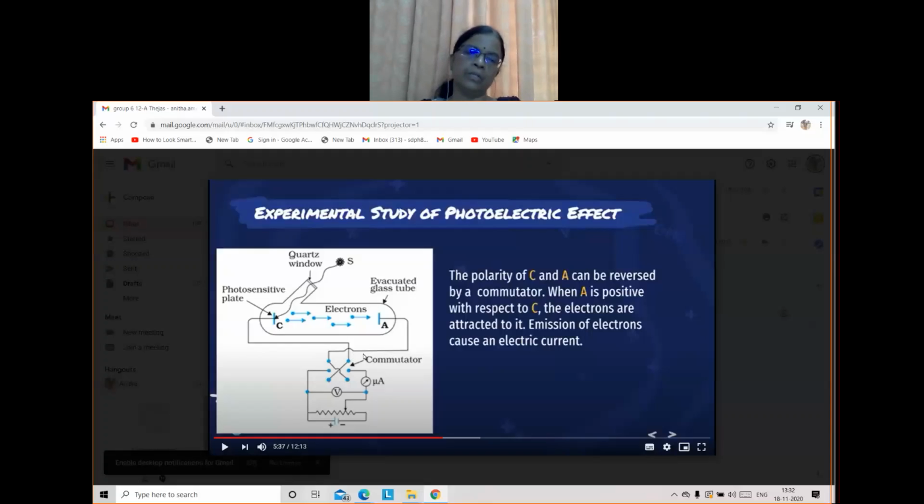So by increasing the potential, will the current again increase, or will there be a saturation value? Indefinitely it will go on increasing, or will there be a saturation value? What is your opinion? I think it will go on increasing.